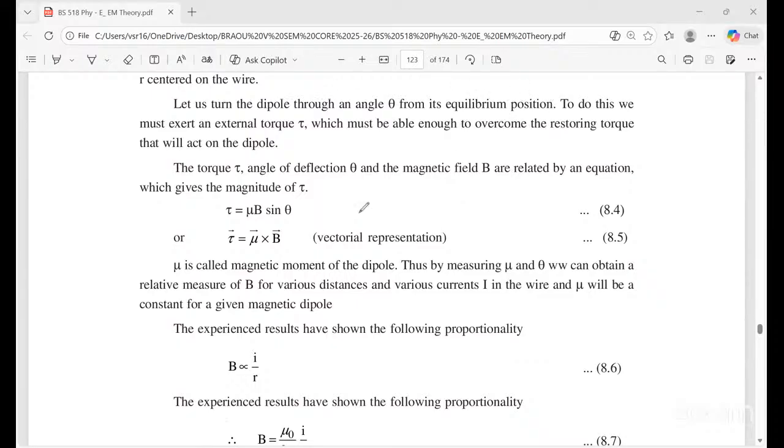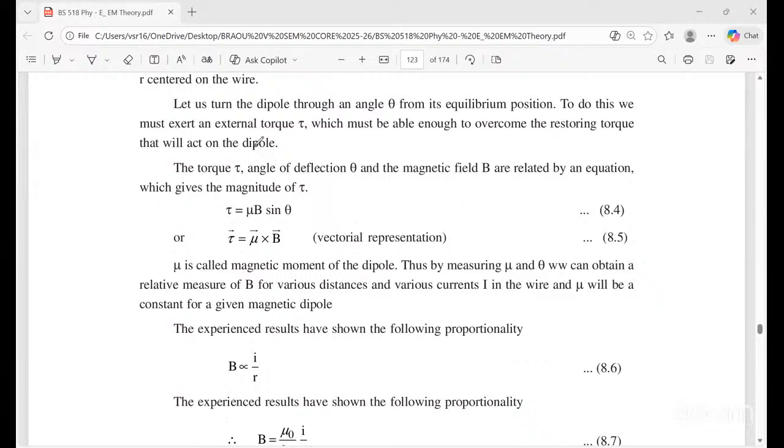Okay. And it must be enough to overcome the restoring torque that acts upon the dipole here. So theta is the deflection angle, tau is the torque, and B is the magnetic induction of the magnetic field.